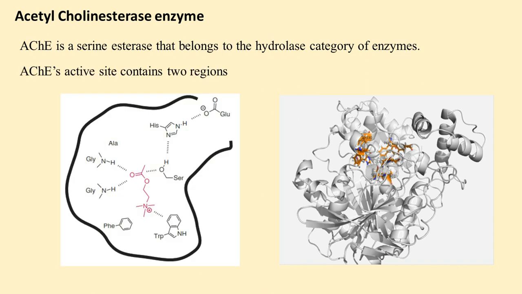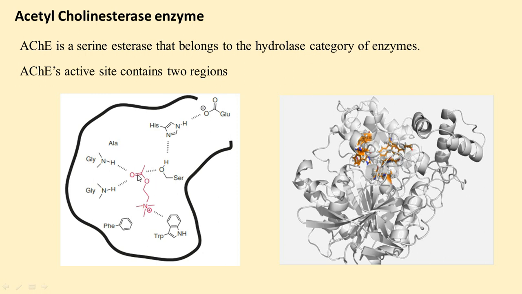So here for acetylcholinesterase, the receptor pocket contains two regions, because the acetylcholine molecule is recognized by the receptor in two regions. One is the onium ion and the second one is the carboxyl end.